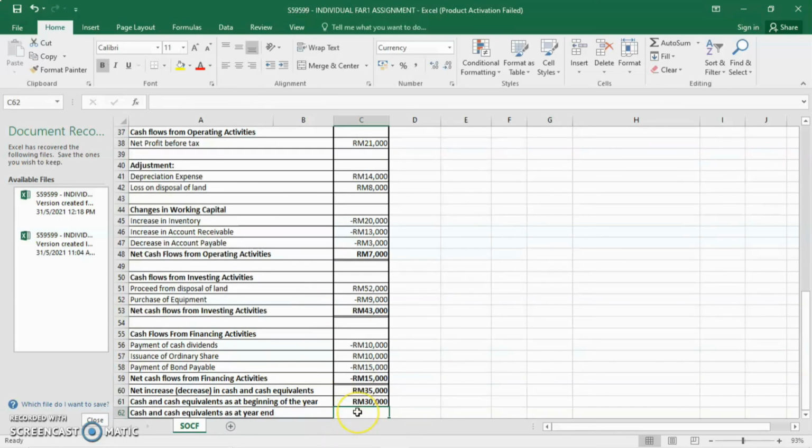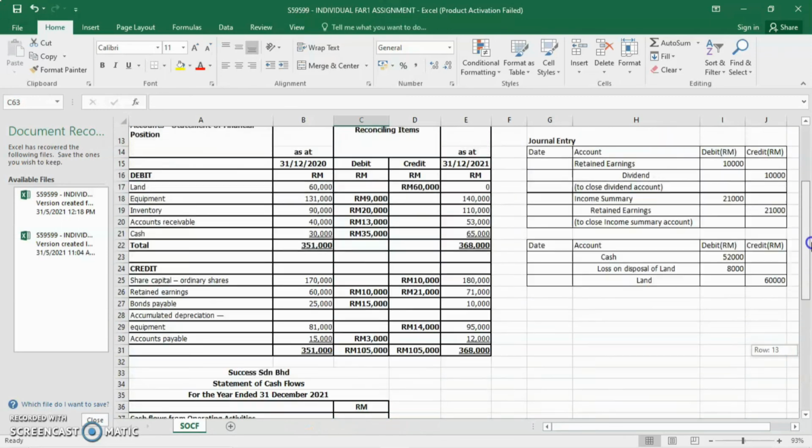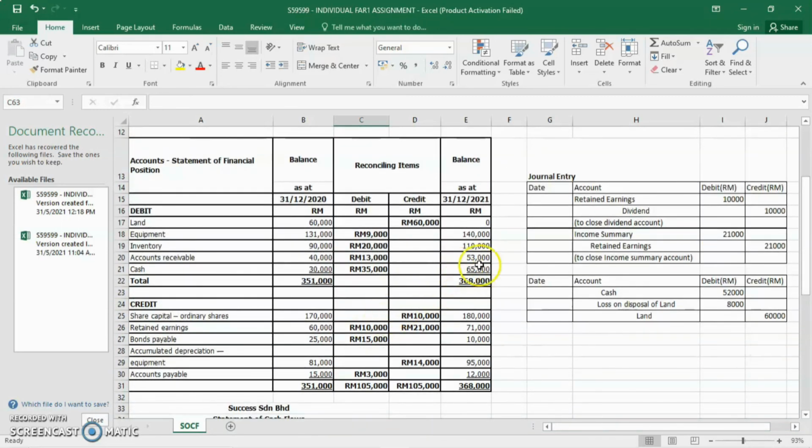And to get cash and cash equivalent as at year end is 35,000 plus 30,000 and get 65,000. In conclusion, the value 65,000 must be same with the ending value of cash account 65,000.